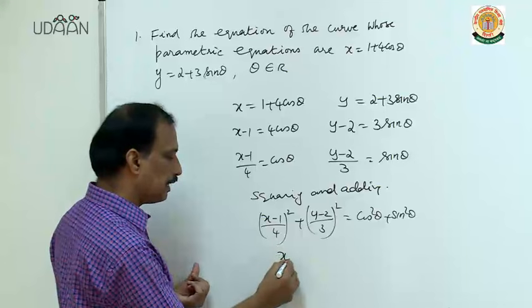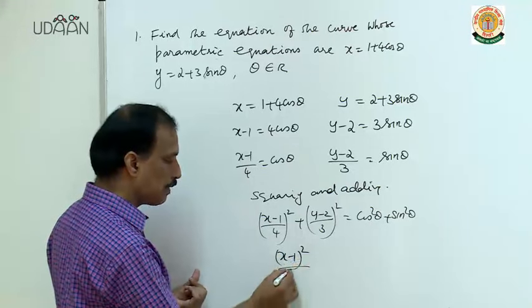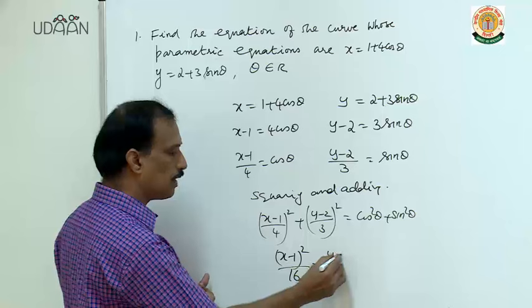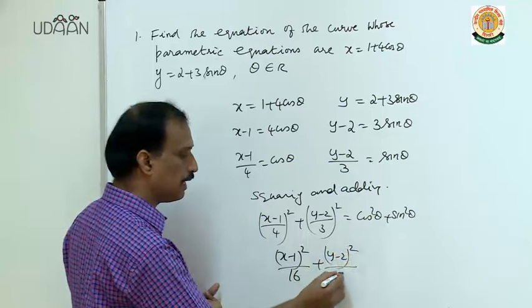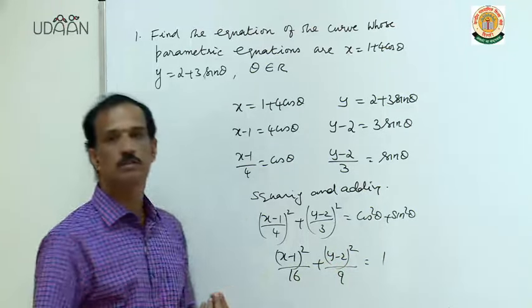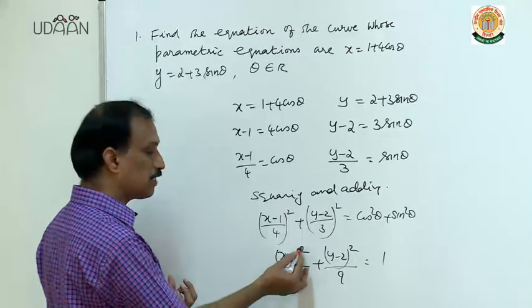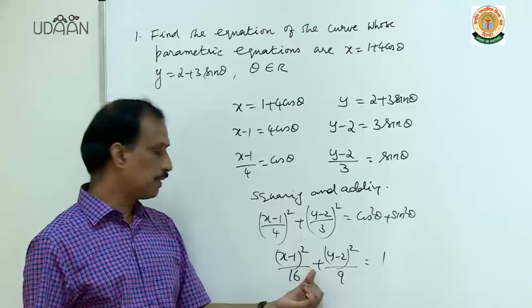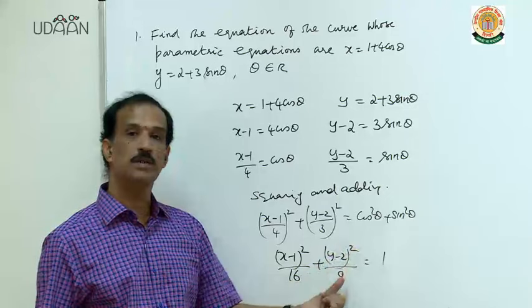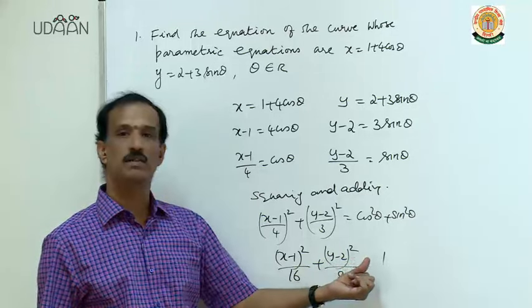So we will get x minus 1 whole square by 16 plus y minus 2 whole squared by 9 equal to 1. So it looks like x minus h whole square by a square plus y minus k whole squared by b square equal to 1.